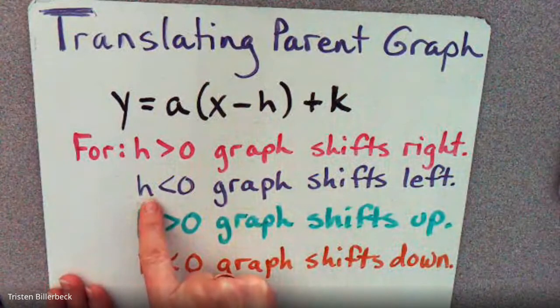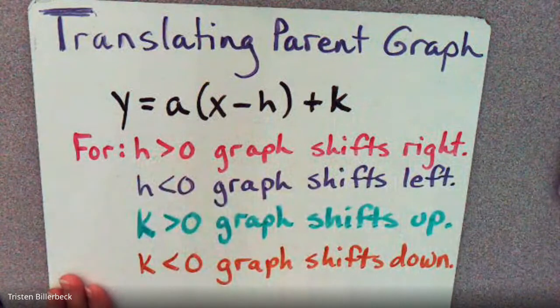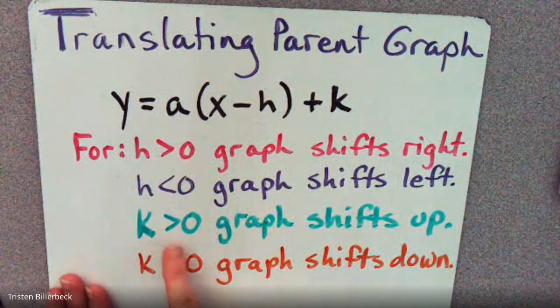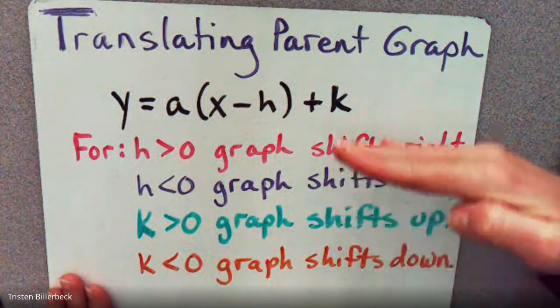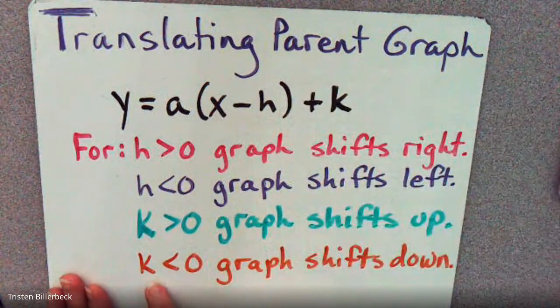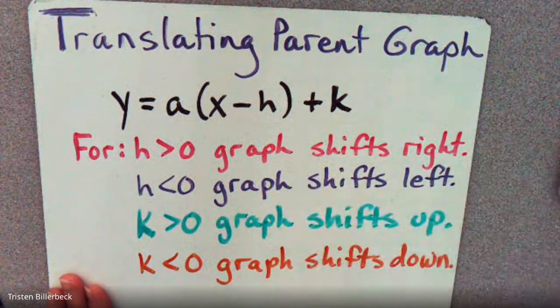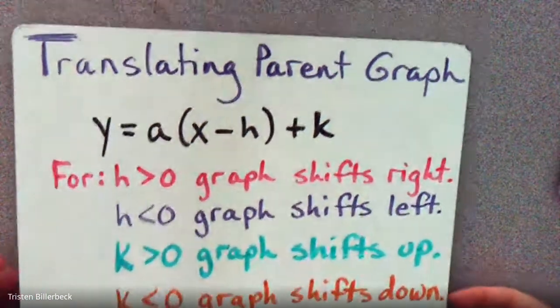For a negative h, the graph shifts into the negative region of the domain, and that's left. If k is greater than 0, a positive number, it shifts up on the y-axis in the range. If k is a negative number, the graph shifts down in the range on the y-axis.